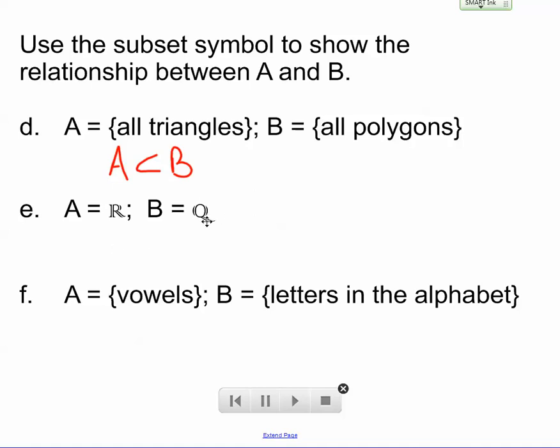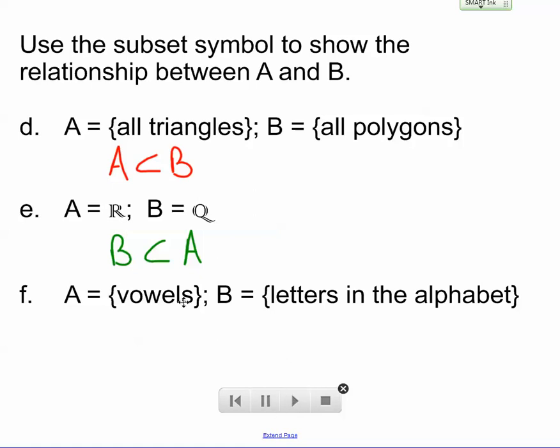Q is the rational numbers, I'm sorry, quotients. Are all rational numbers real numbers? Yes. All rational numbers are on the number line. So Q is a subset of R, because rational numbers are a subset of the real numbers.